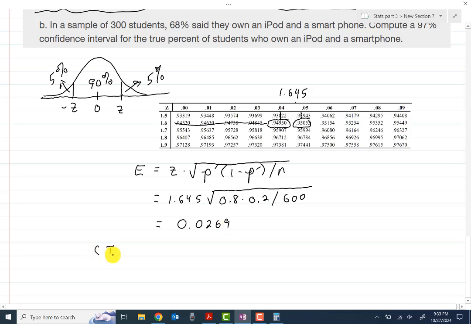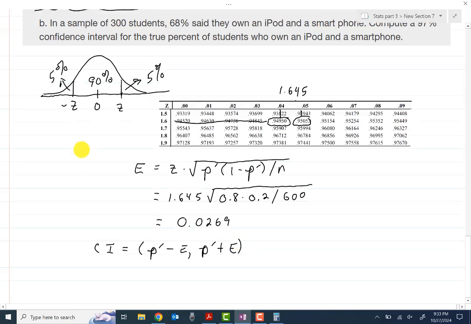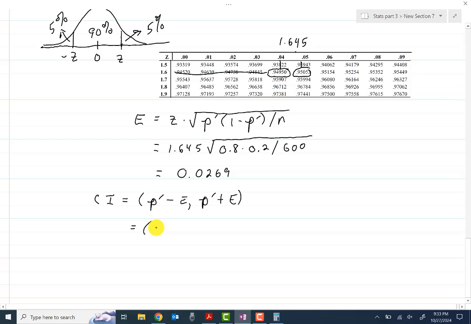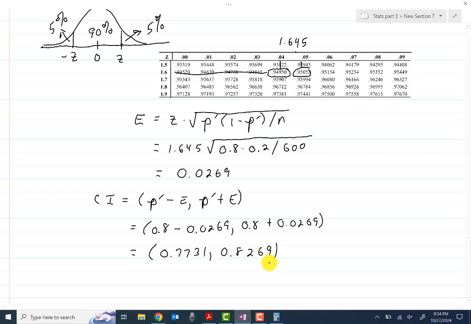And then our confidence interval equals p prime minus e, p prime plus e, so we can say the true proportion is somewhere roughly between about 77% and a little under 83%.